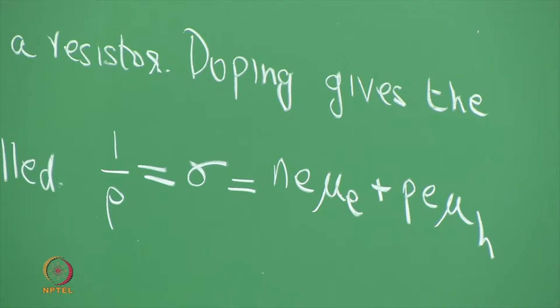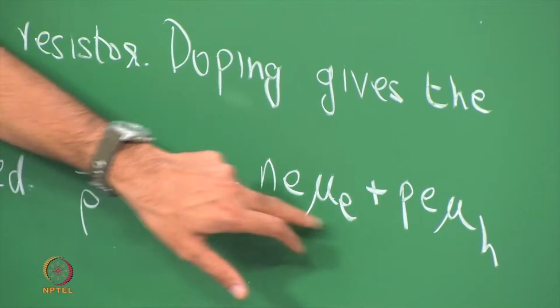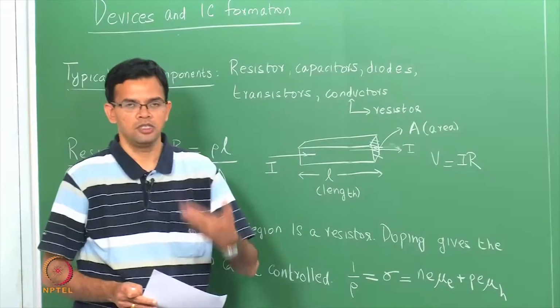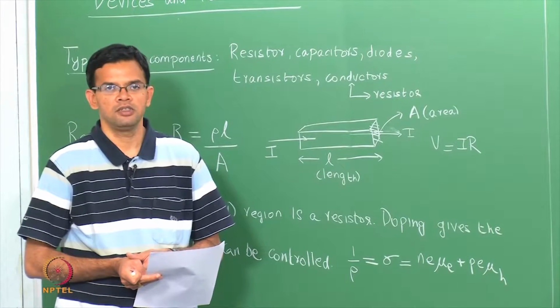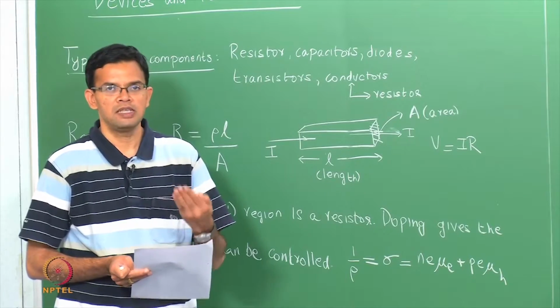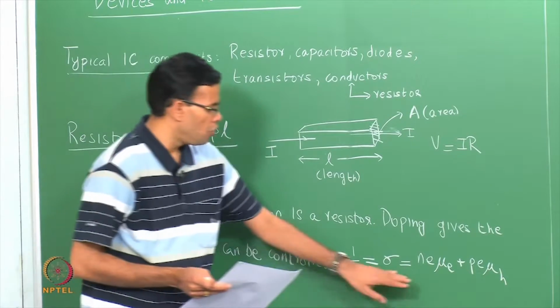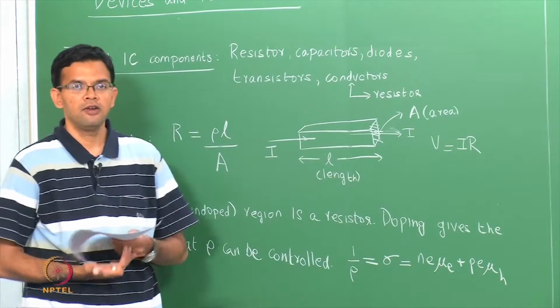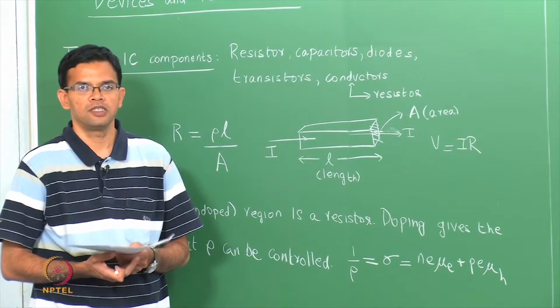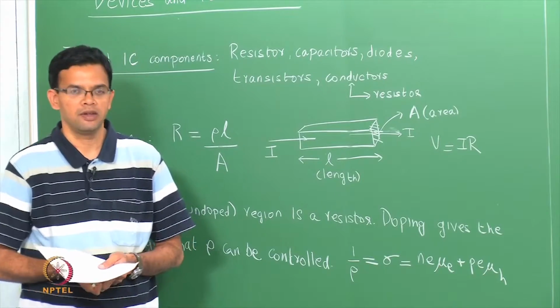So, if you are not doping, then N is equal to P, which is equal to Ni, which is your intrinsic carrier concentration, and when you dope with either electrons or holes, one of these terms dominate. So, we can look at the different types of resistors and how they are fabricated.